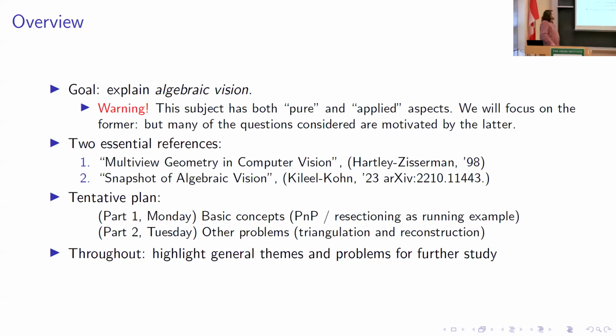The tentative plan is I'll talk a little bit about the basic concepts in algebraic vision. We'll have a running example, which is the perspective n-point problem, also known as camera resectioning. And maybe today, but certainly tomorrow, we'll talk about some other problems, namely triangulation and reconstruction, and what sort of interesting things could be on the horizon with those problems.